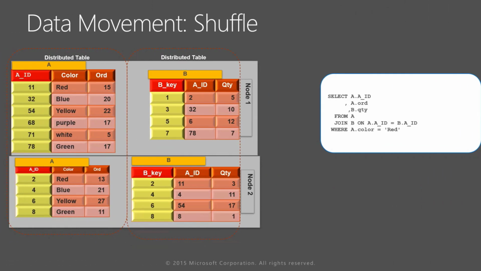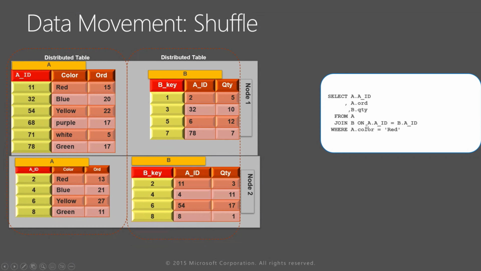Here we have a select from table A and table B. I wrote on the side: table A is distributed by the A ID column, and table B is distributed by B key. So they don't have the same distribution keys.